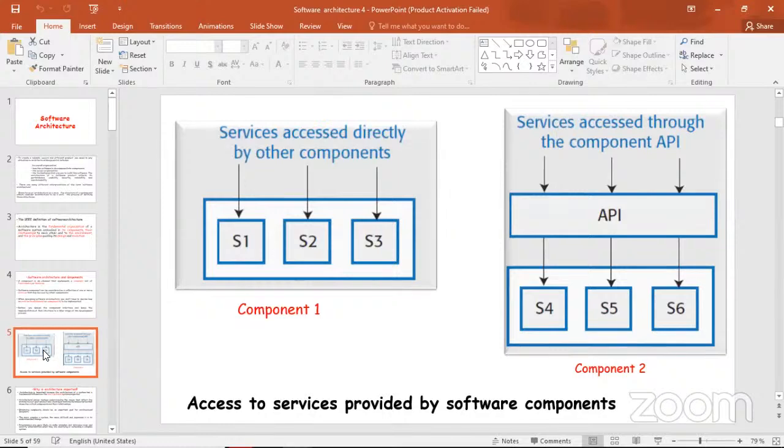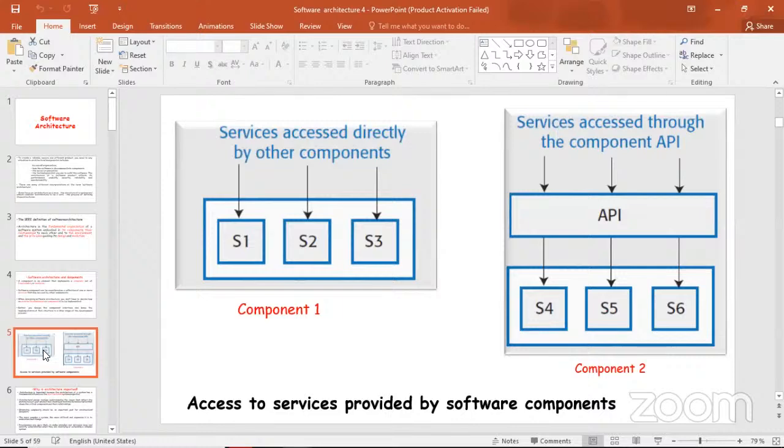So, service accessed directly by other components. The other diagram, service accessed through the component API. The first one is component one, which has access to services provided by software components. Now, you have S1, S2, S3 as software components.